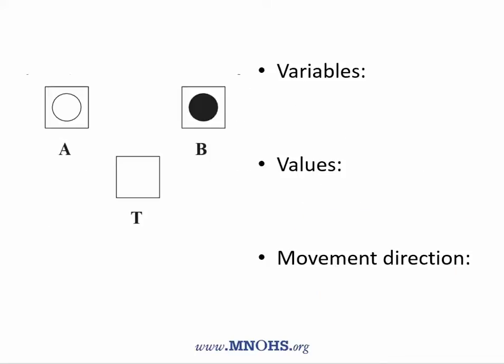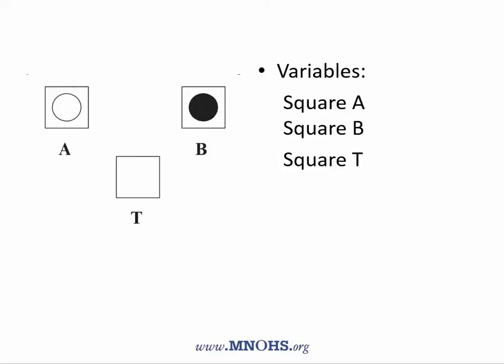We're going to start today with a pretty simple example of moving circles between different squares. In this case, we have to start by figuring out what represents our variables and what are the values. Remember, the variables are the storage boxes. So that means that in this case, our variables are the three squares.